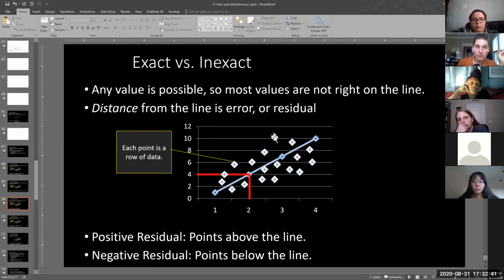This guy has an even bigger positive residual because he's way up high, farther away from the line. This person will have a very small residual, or a very small error, because they're really close to what I thought they were going to be. So they are very close to the line, so their residual is really small. Then this person over here, she's totally underperforming where I expected her to be. I thought she was going to be way up here and she's way down there.